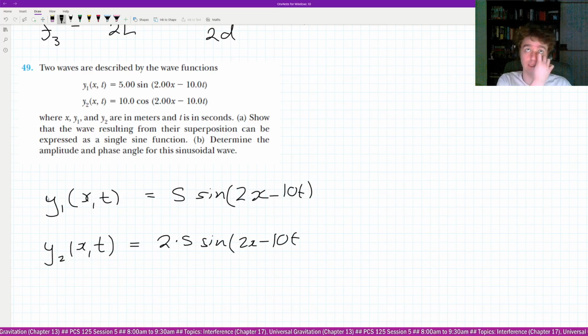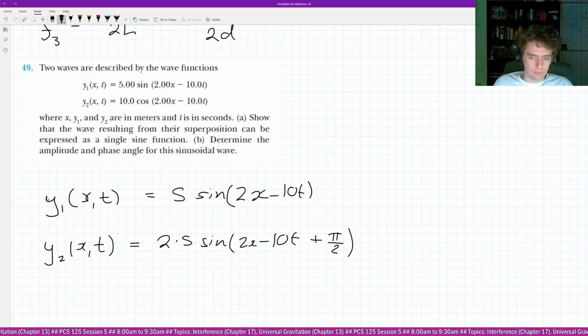Turning a cos into a sine, I subtract pi over 2, or I add pi over 2. Wouldn't it work either way? Yeah, it should work both ways. That's why I'm confused. I'll just add pi over 2. Okay, so now they're almost the same.